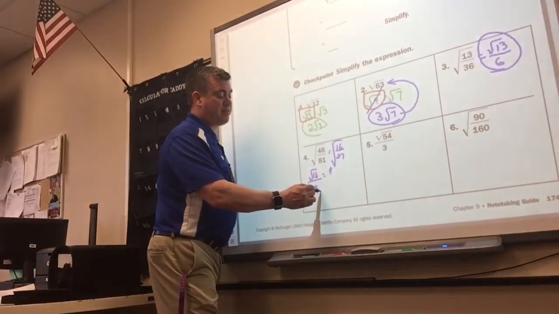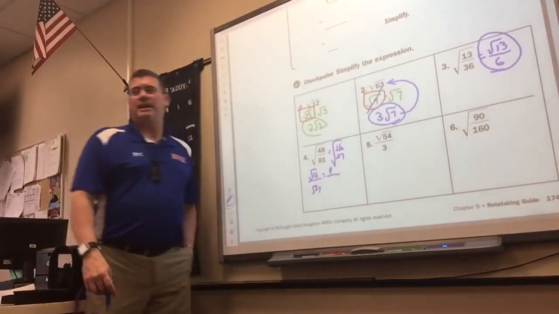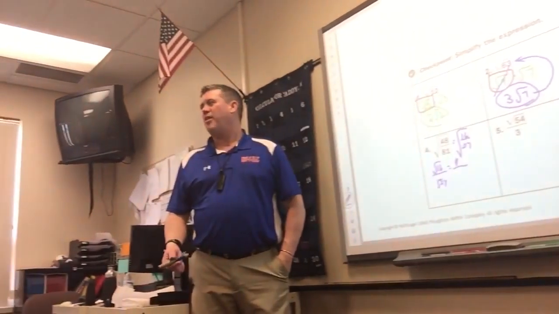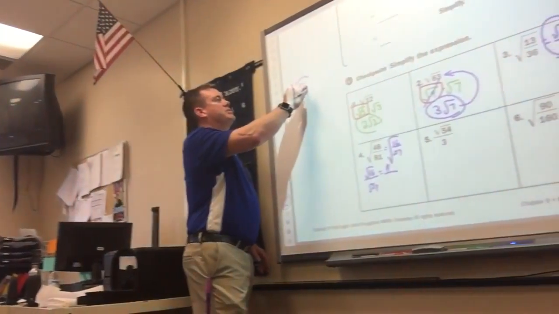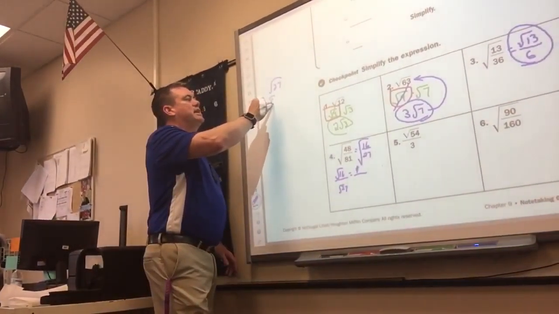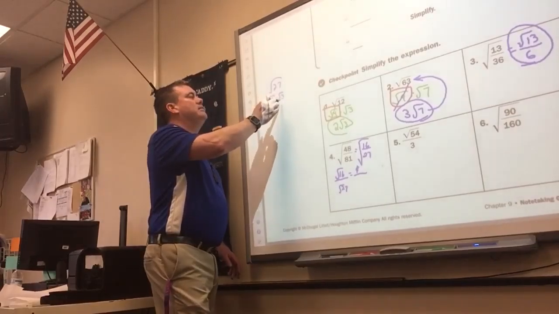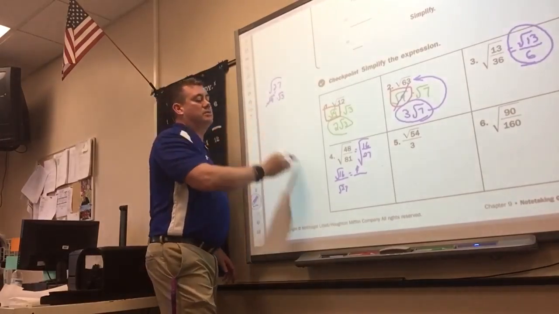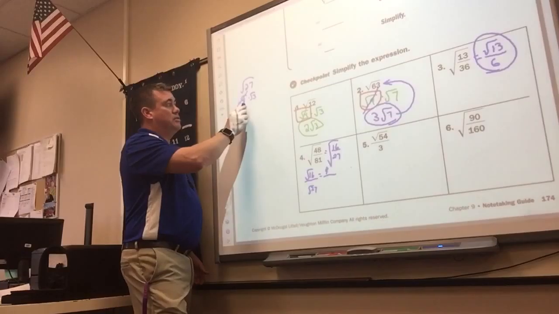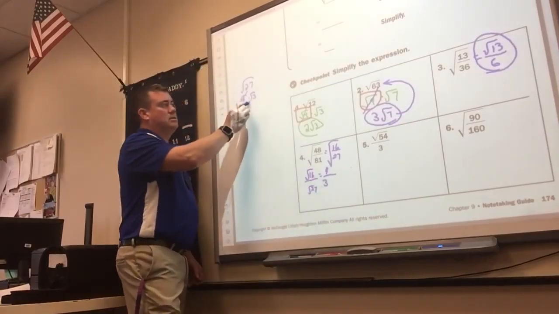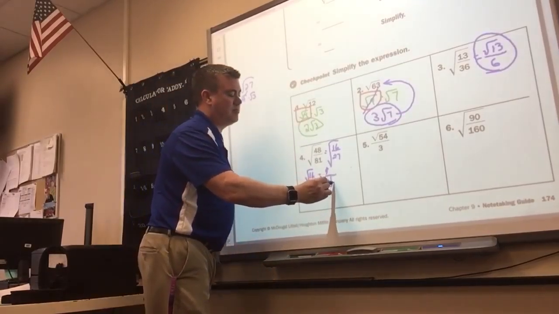Square root of 27, yep, that can be simplified. Square root of 9 times the square root of 3, which is 3 square roots of 3.